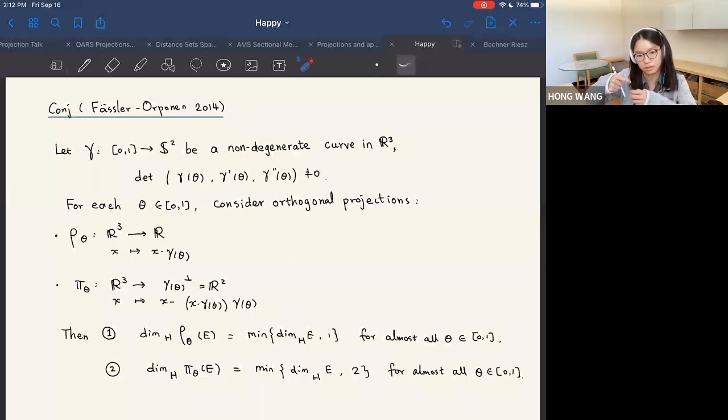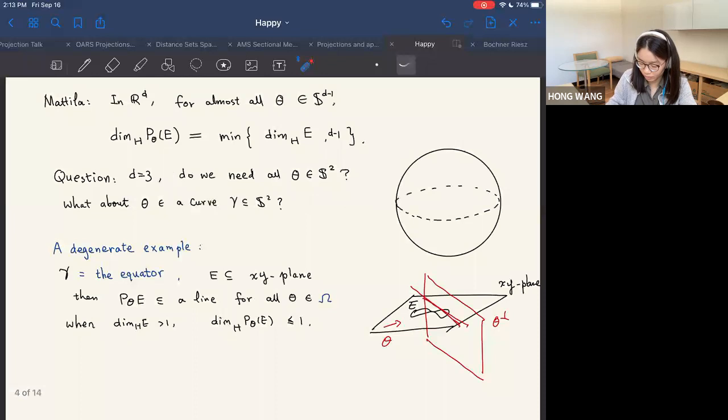So in other words, it's kind of like a spatial curve. You can imagine gamma is away from any of those great circles.